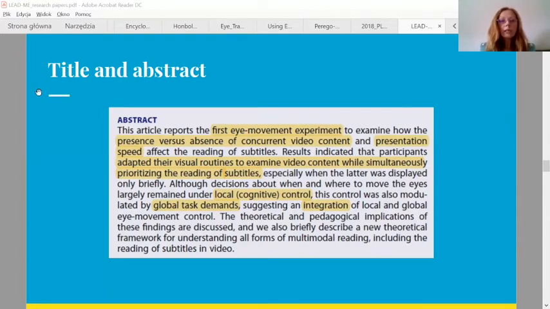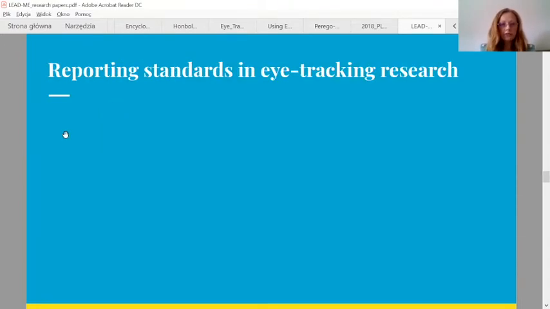Okay, so this is about the abstract. And just briefly to tell you, I think this reading part is already very informative about what should be there in the studies. But basically, there are some reporting standards in eye tracking research.